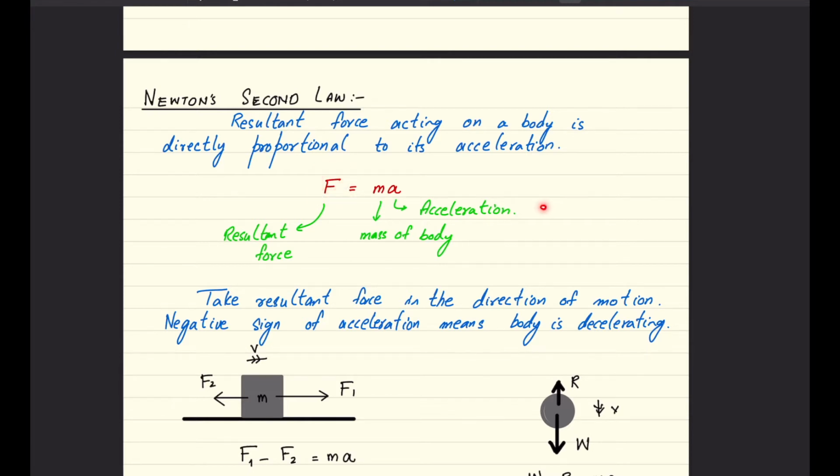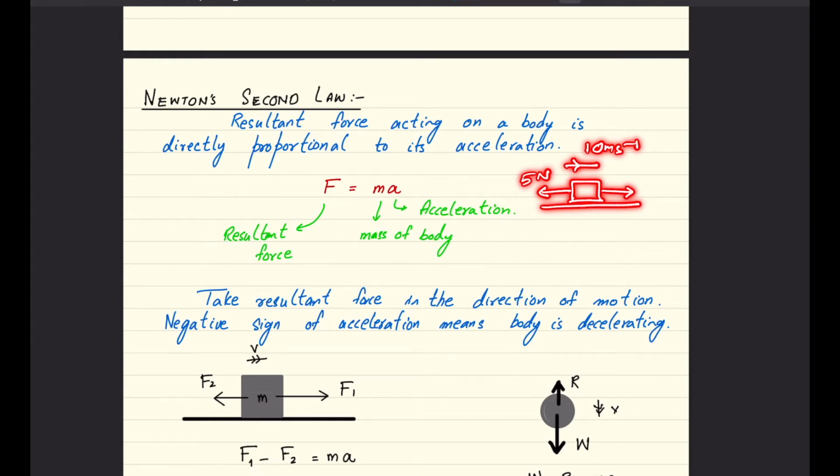Which means if I have an object moving with a velocity of 10 meters per second and it has a backward force of 5 Newton, and I exert a forward force of 5 Newton as well, then Newton's first law would be applicable and it will keep on moving with the same velocity.